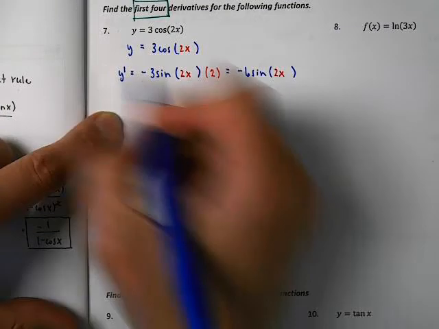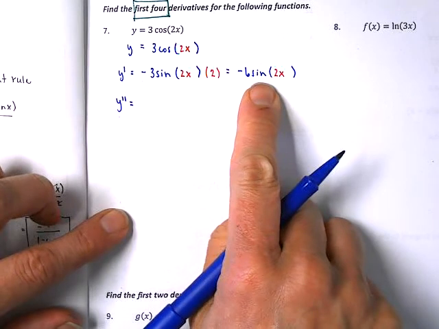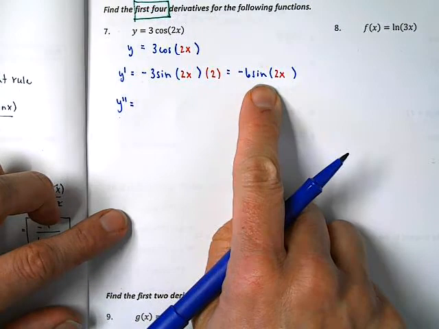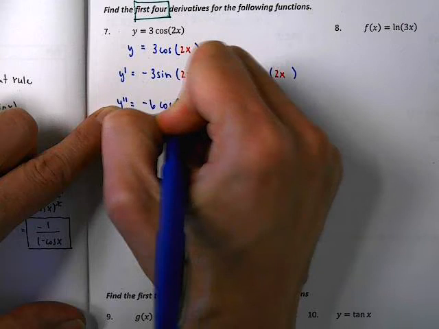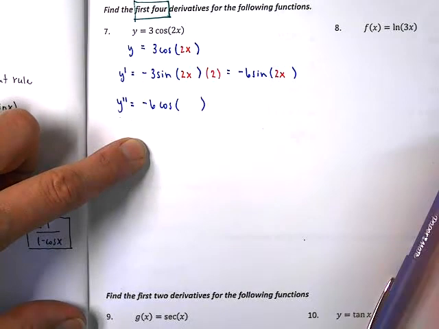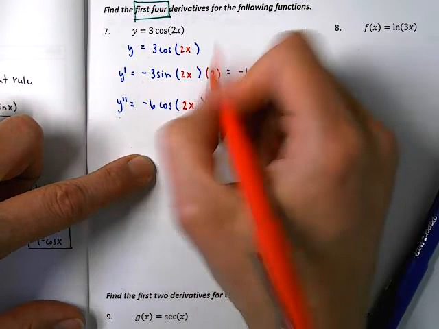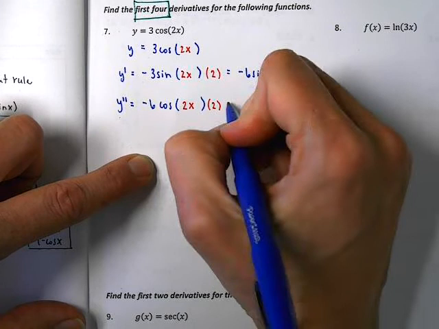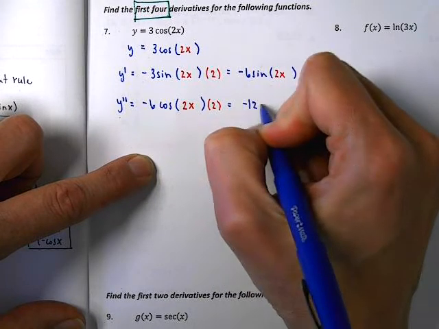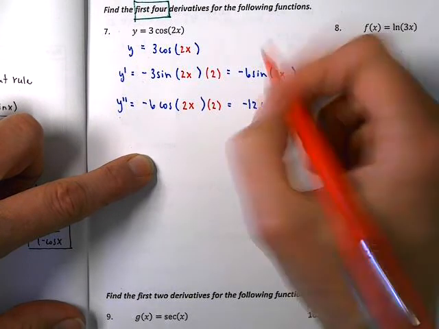So now we're going to go again. So y double prime. Now I'm taking the derivative of sine, which I know is cosine. So I have negative 6 times the cosine of 2x, and then I'm going to multiply by the derivative of the inside, which is my times 2. So I end up with negative 12 times the cosine of 2x.